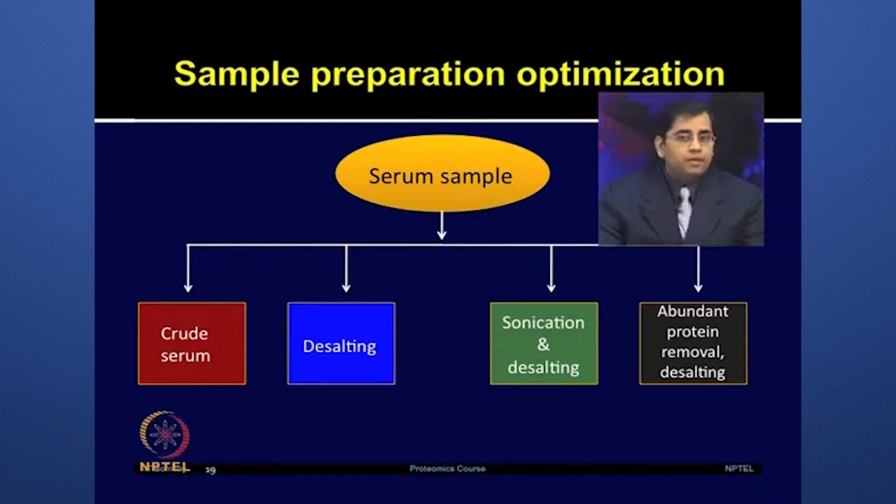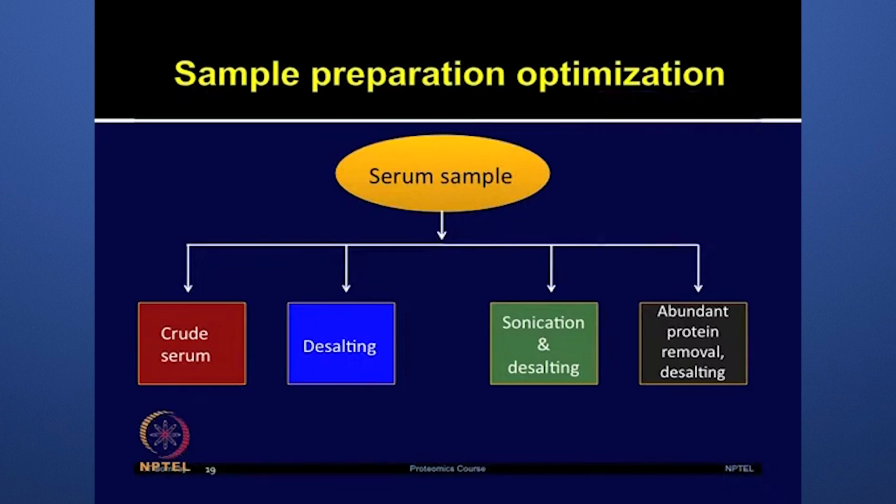Since serum contains highly abundant proteins and the commercial columns which can selectively deplete them are quite costly, considering the large number of patient samples you have to process, we thought, can we disrupt these abundant proteins and release the low abundant proteins from them by using sonication. So, the effect of sonication as well as desalting was also investigated, and then we also used commercial columns to remove the abundant proteins followed by the desalting step.